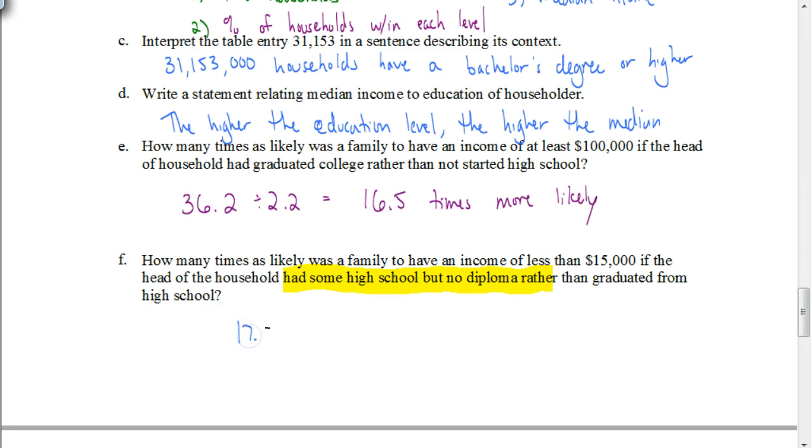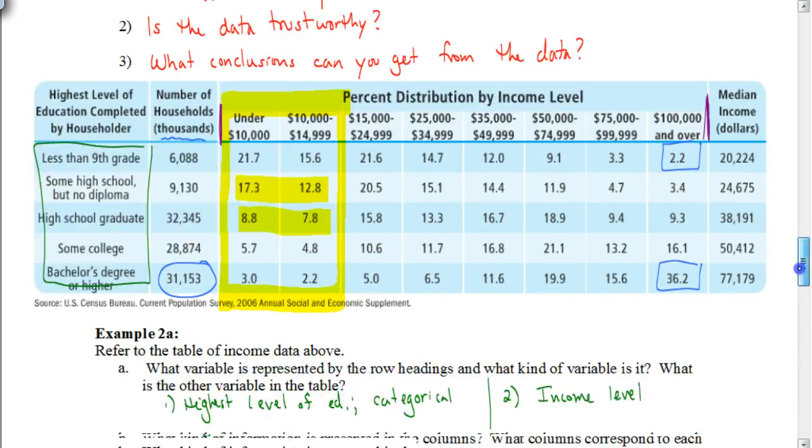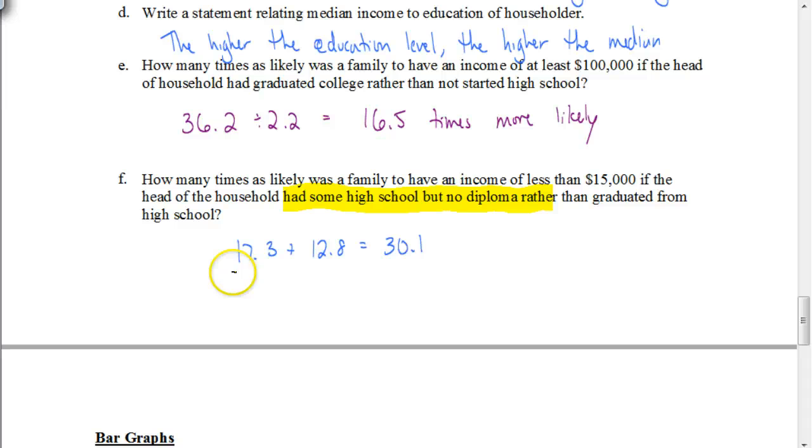If I add together the 17.3% plus the 12.8%, that gives me 30.1%. And then the other two numbers were 8.8 and 7.8. I'm going to add those together. When I do that, I get 16.6. And if I divide those two numbers together, we'll just round it here, you get approximately 2 times as likely.